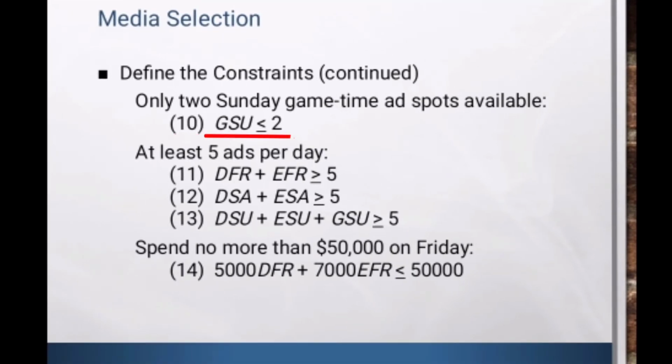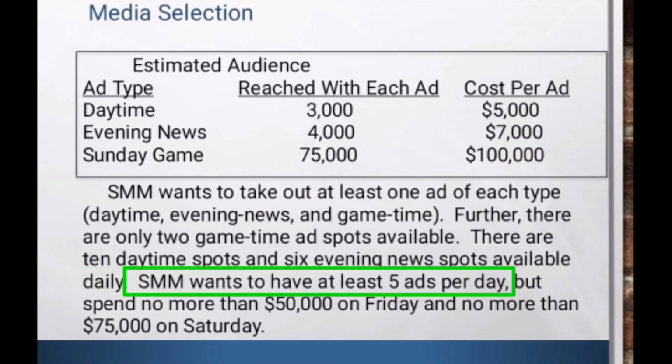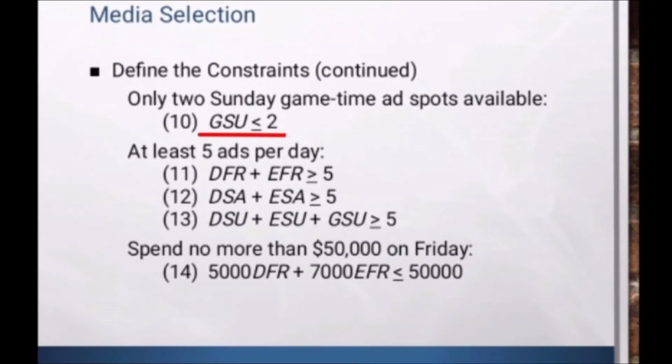And then next, it is stated here that SMM wants to have at least 5 ads per day. So at least 5 ads on Friday, Saturday, and Sunday. So DFR as daytime ads on Friday plus EFR as evening ads on Friday is greater than or equal to 5.